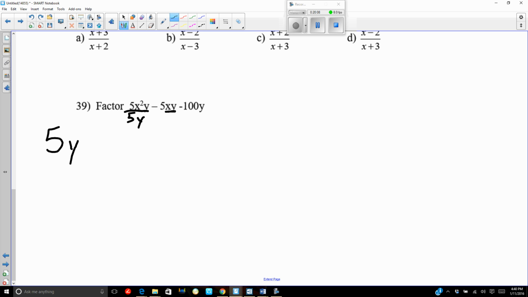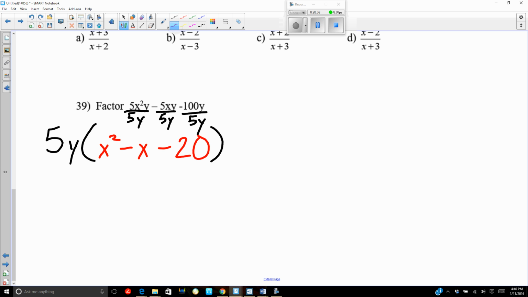So we're going to divide all those terms by 5y. So that leaves us with this answer.